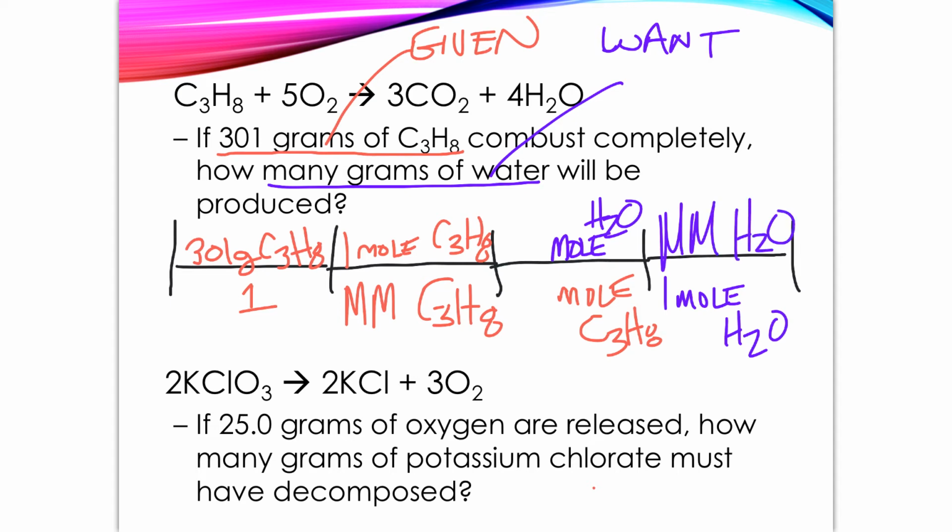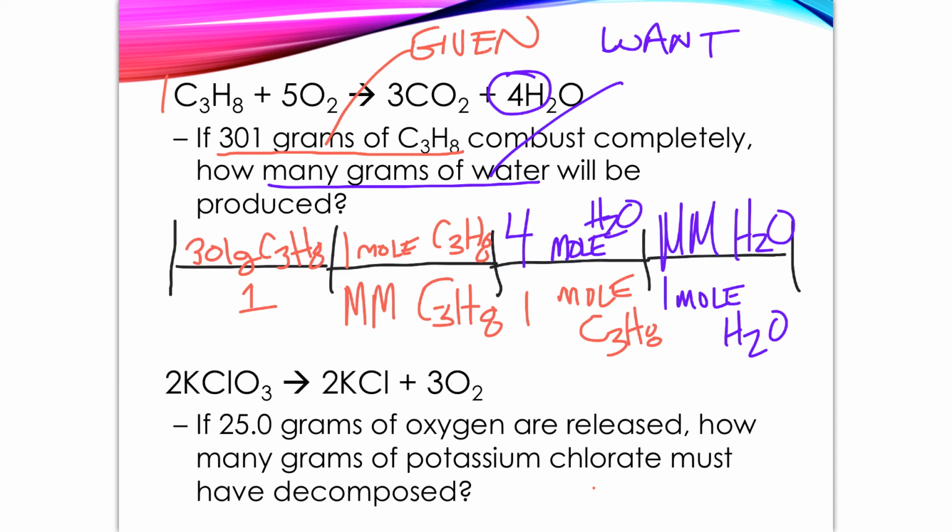So everything we need to find out: we have to look up the molar masses, obviously, but what else do we need to figure this out? Well, we need the mole ratio. And I told you that the mole ratio comes right from your balanced equation. So the 4 goes with the water, and the 1 goes with the C3H8 because there's a 1 there. So that's set up correctly. And now we just have to finish the calculation.